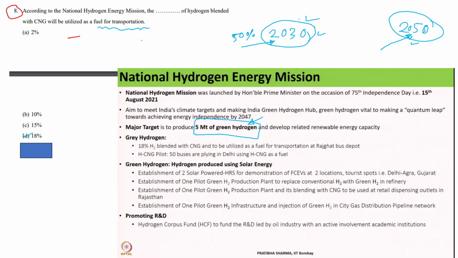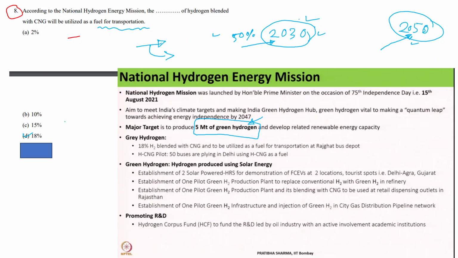Okay, so India is the beginner of this research and development and all the things, so they will use it as a fuel. I told you that this fuel is not efficient when hydrogen is directly used in combustion.